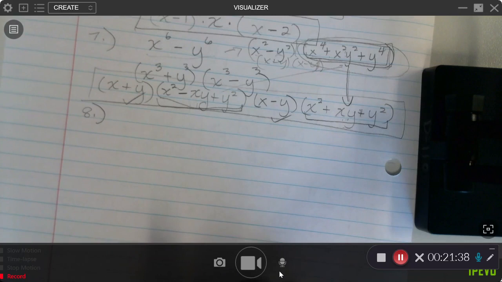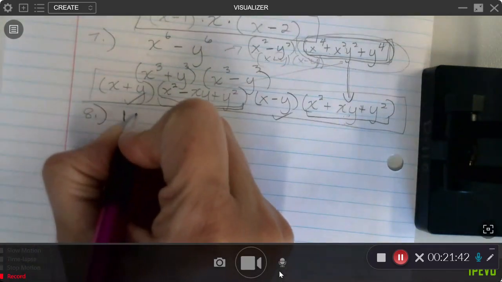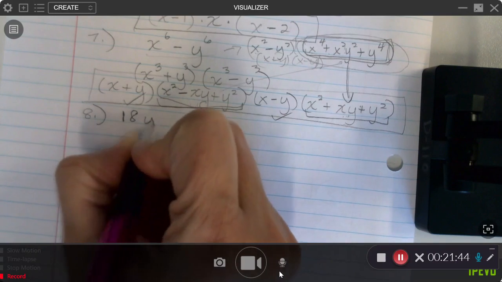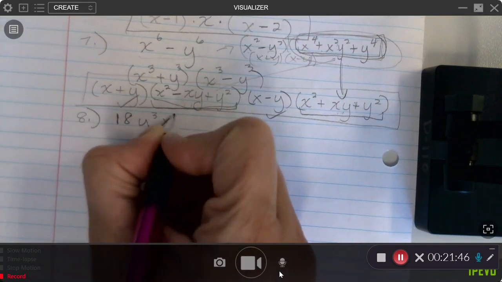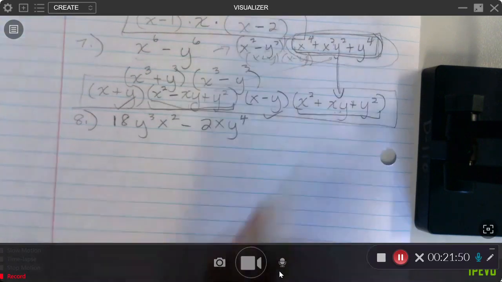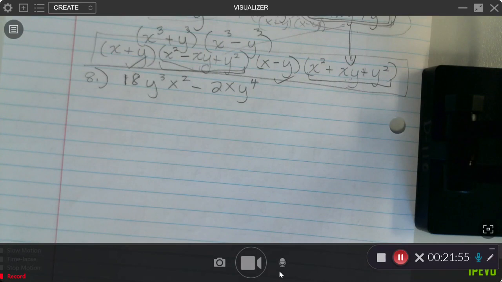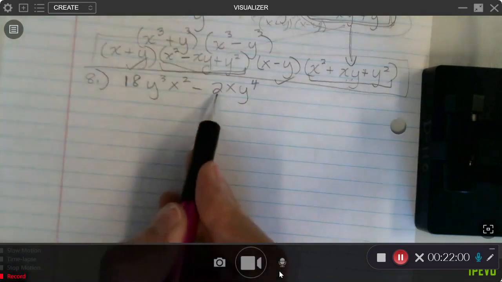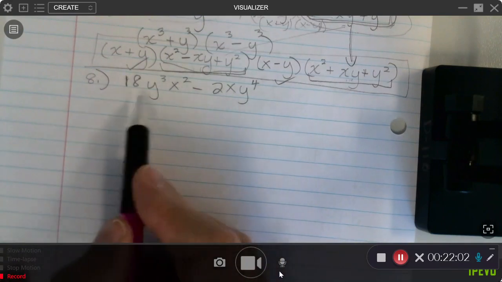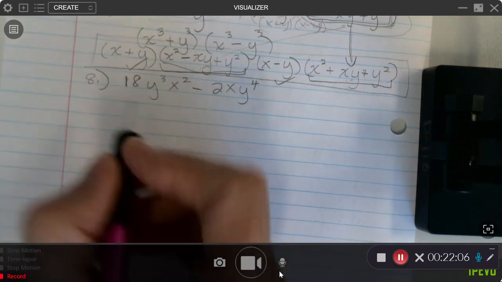Let's do something like this: 18y cubed x squared minus 2xy to the fourth. Factor completely. What do you notice first? 2 and 18. What'll come out? 2 for sure.